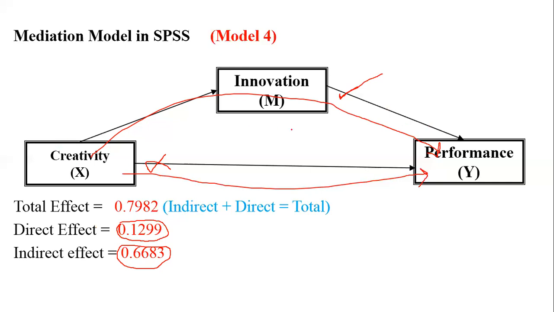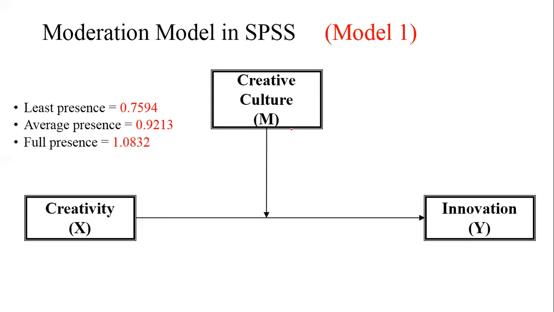Now, the same way you can go to the moderation analysis, and as we have seen, when the presence of the culture was at least, we saw the result 0.7594. When there was average presence, which means more than least but not fully present, you can say that 0.9213, which is definitely an increase from this. And then if you see the full presence of the creative culture, then the effect further increases.